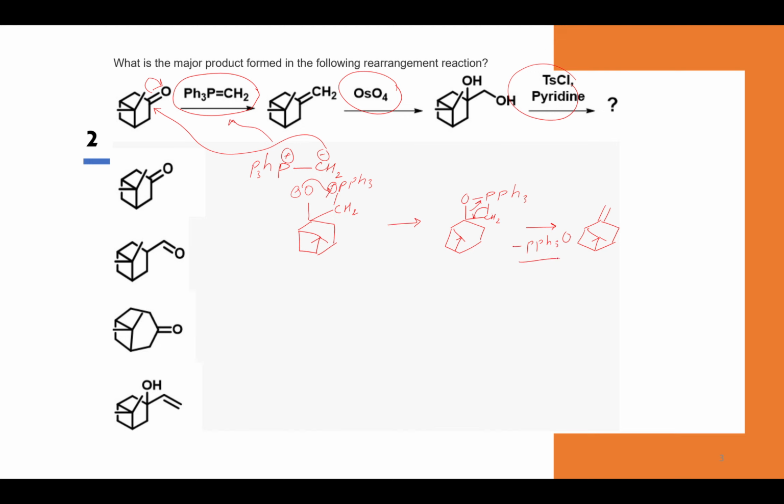So this is the mechanism we get for the Wittig reaction. After getting this as a product, which is our first step, the further reaction will take place with osmium tetraoxide.